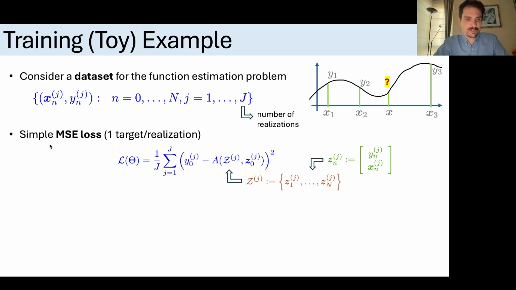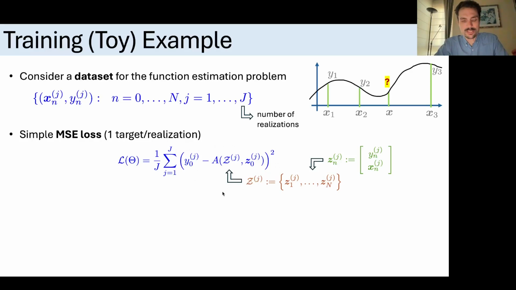One can construct a very simple mean square error loss by, for instance, choosing the first observation in each realization as the target and trying to estimate it using the remaining observations. If we do that, then we arrive at this expression here.